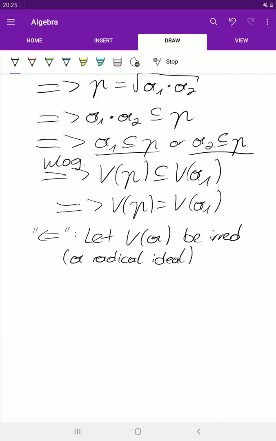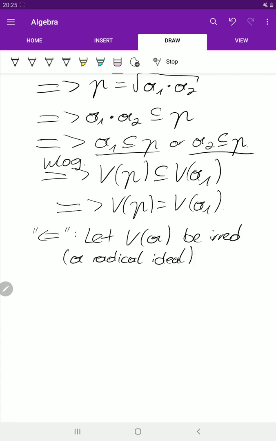Okay, so let's assume A is not prime. Actually, I don't think we need to assume it.